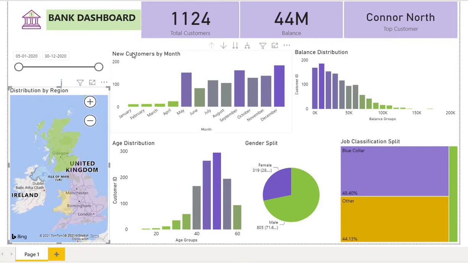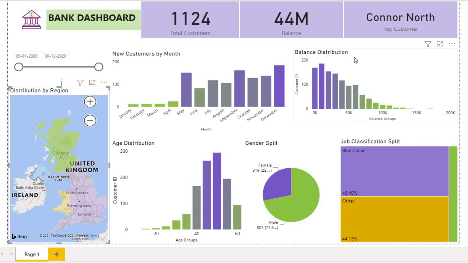Next, if we see the graph of new customers by month, we come to know that between April and May, there is a major spike. Which means that the bank must have initiated a particular scheme, which is the reason the new customers are creating their bank accounts in our bank.